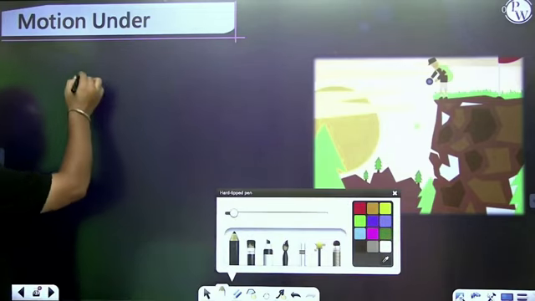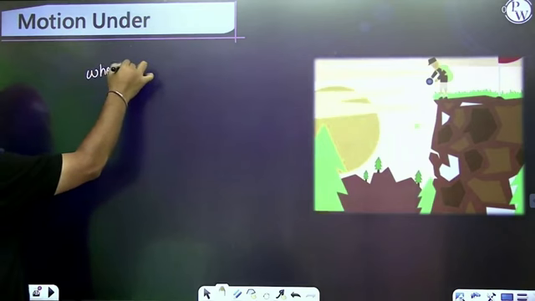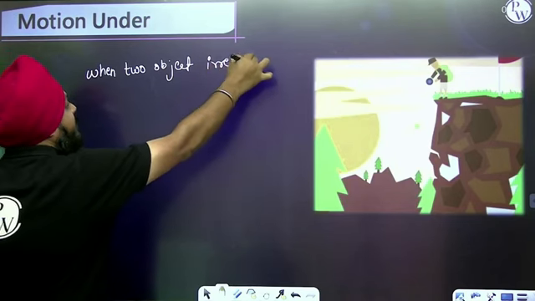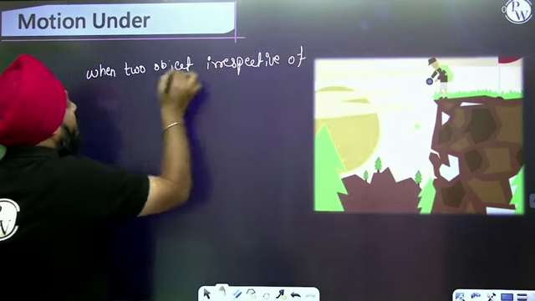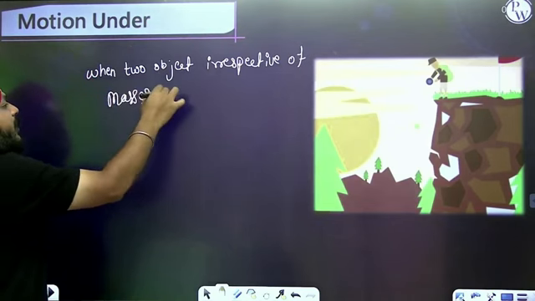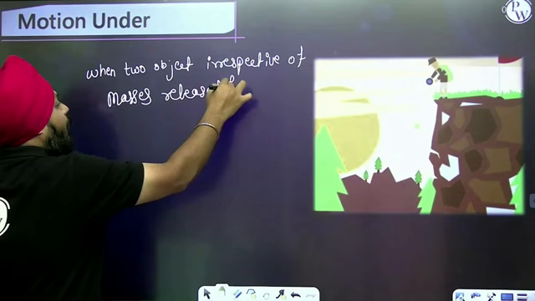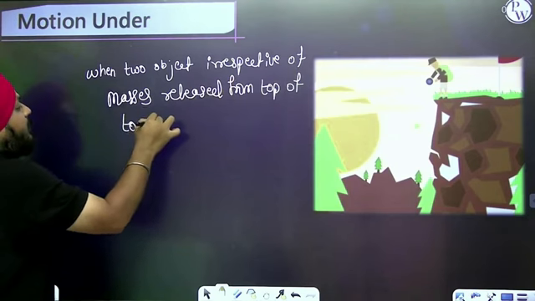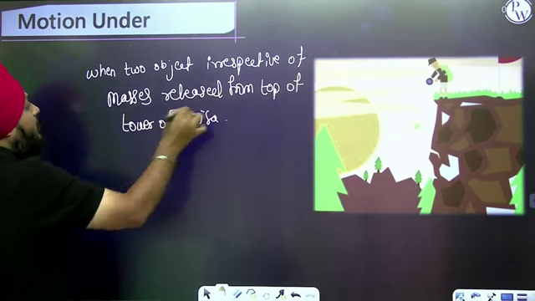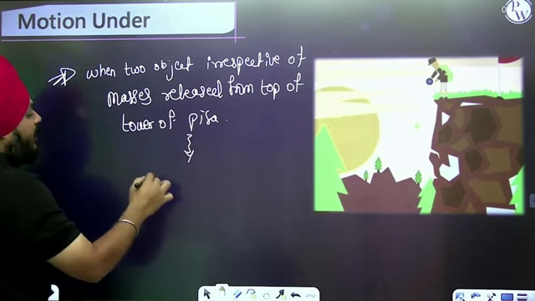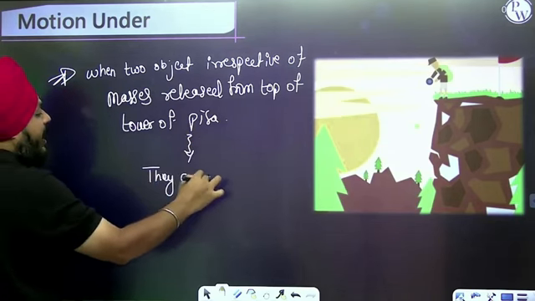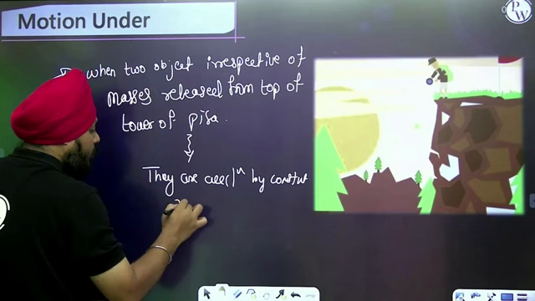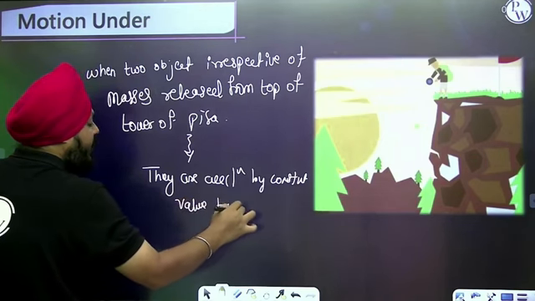Galileo stated that when two objects, irrespective of their masses, are released from the top of the Leaning Tower of Pisa, they are accelerated by a constant value towards the center of Earth.